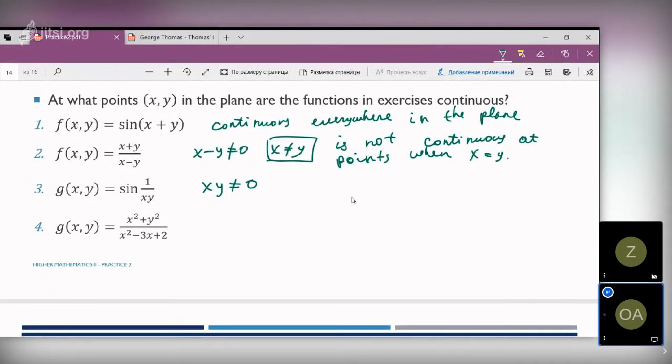And when x equals to 0, when y equals to 0, only in this case, the denominator becomes 0. We can say all points are everywhere except when x and y both are equal to 0.